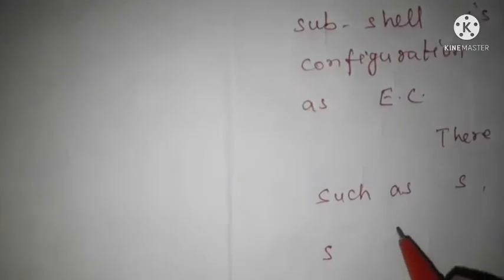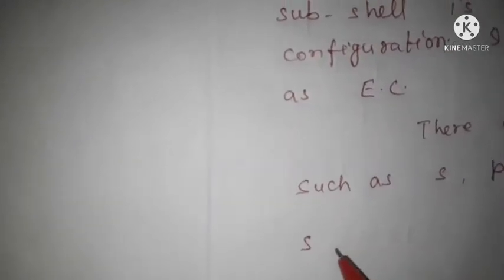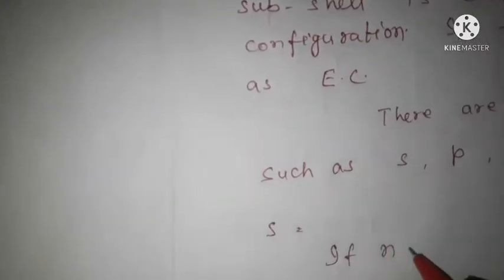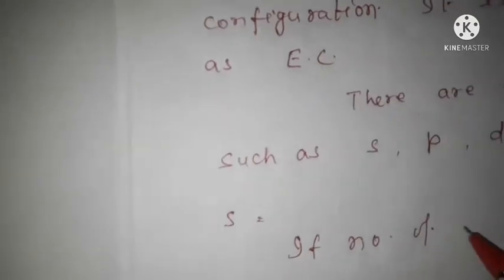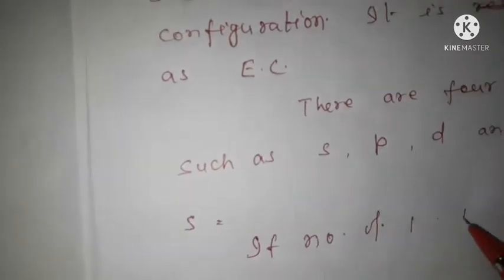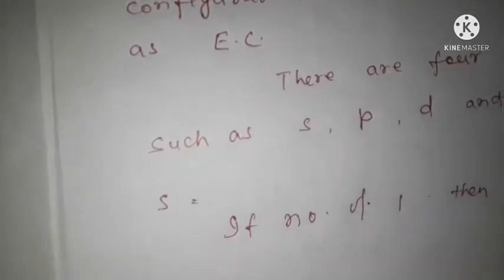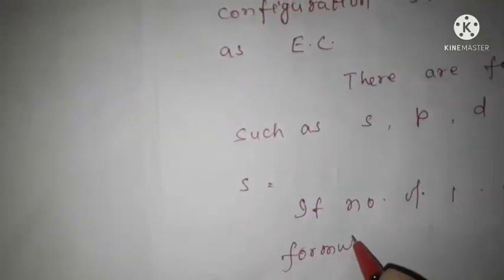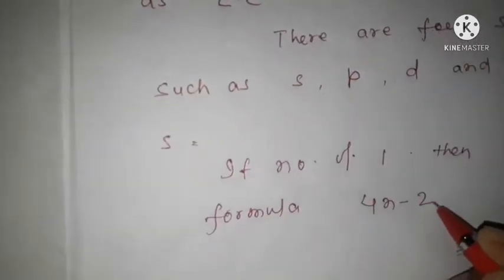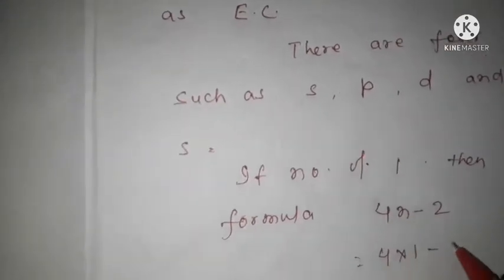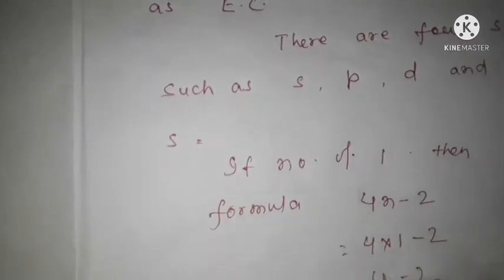Now in short, if the number of the subcell is 1, then using the formula 4n minus 2, we get 4 into 1 minus 2, 4 minus 2 is equal to 2.